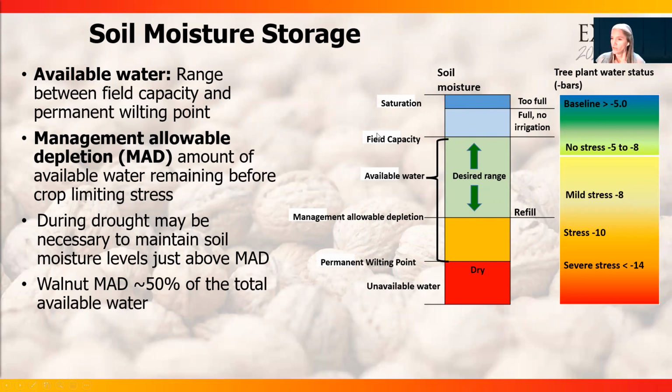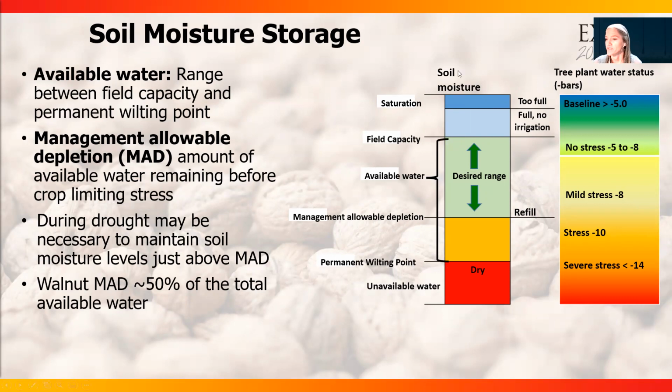And then when we have field capacity conditions, which is the amount of moisture in the soil after an irrigation or rainfall event, after all of the excess water is lost to runoff or percolation below the root zone. This is considered what we call field capacity, and it's the upper range of the amount of available water that the soil can hold between field capacity and what we refer to as permanent wilting point.